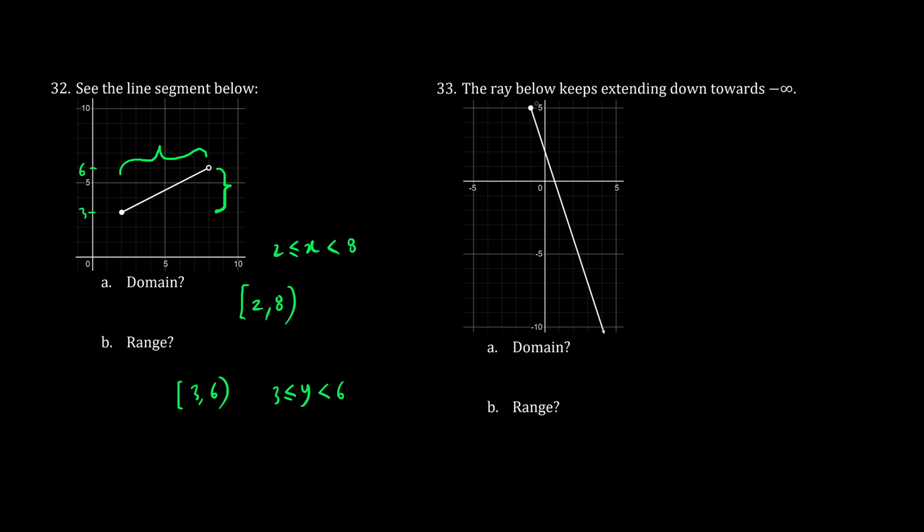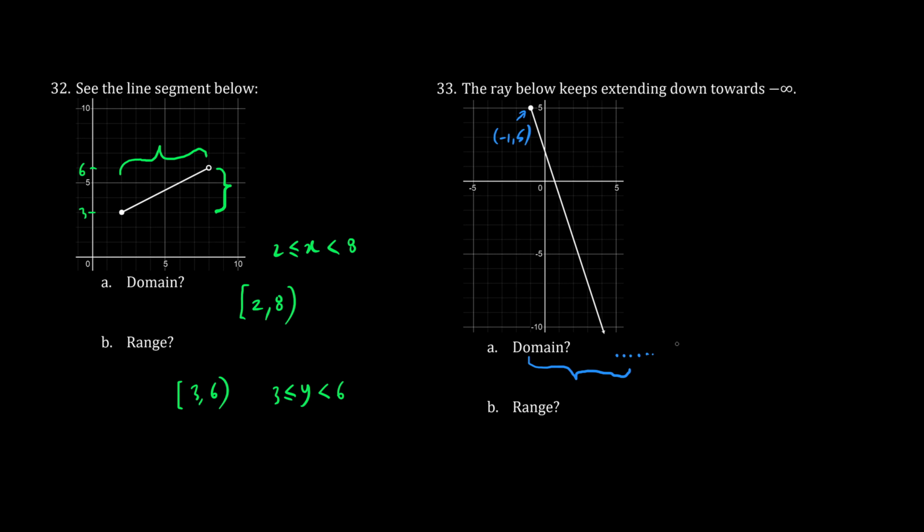And now let's look at this ray. From this point here, which happens to be at (-1, 5), this ray is extending downwards and opening forever and ever. So yes, the x value starts here at -1, but it continues on towards the right forever.